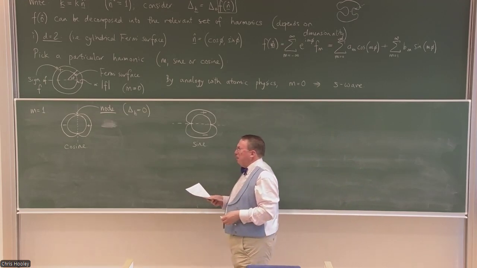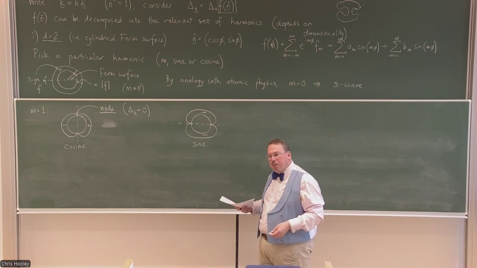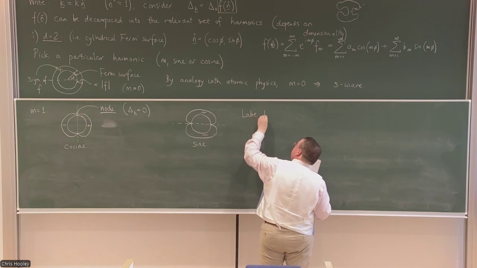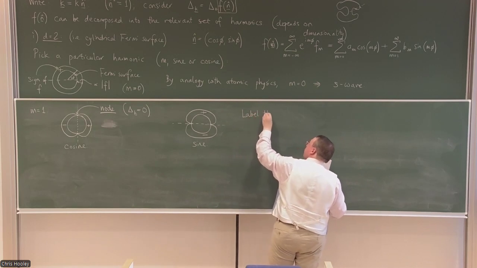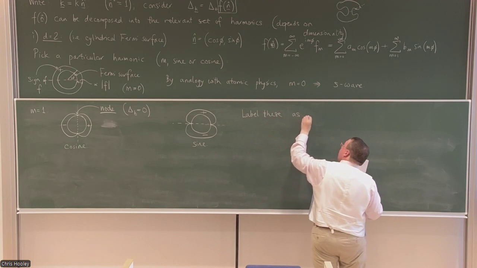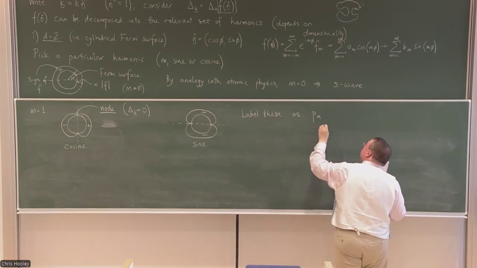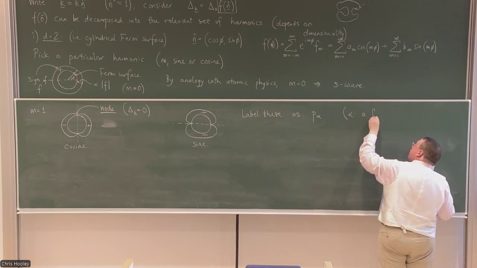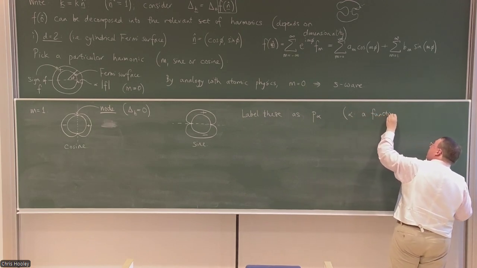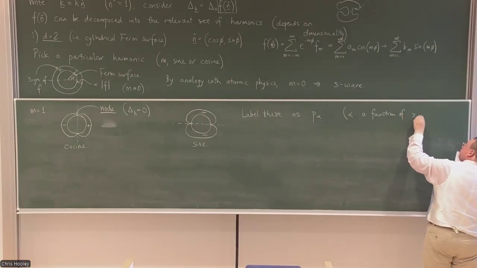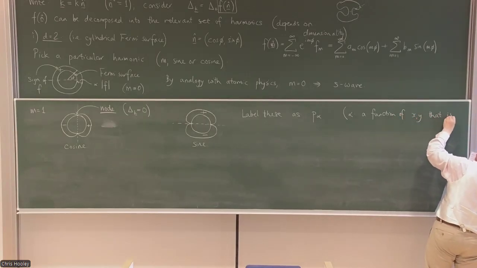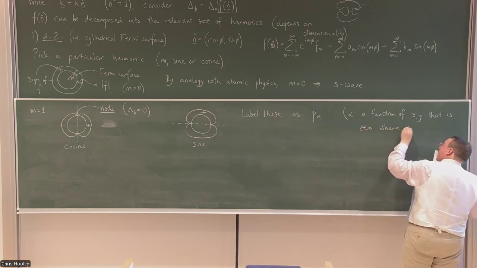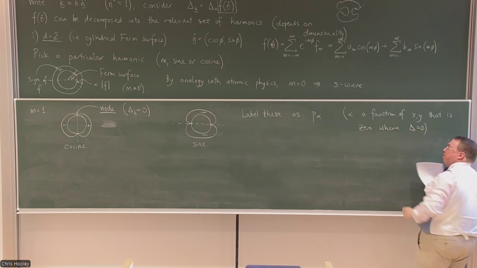And so we should have a label that describes which one we're talking about. And what people normally do is to label these as P alpha, where alpha is a function of x and y that is 0 where the nodes are.